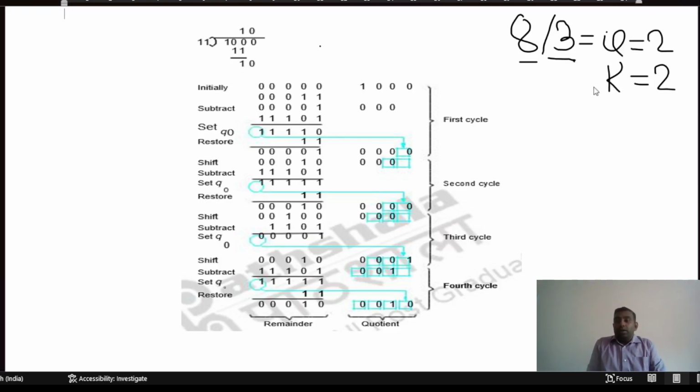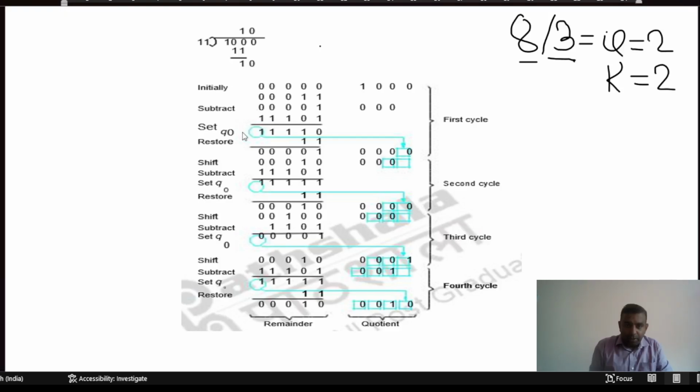So this should be the answer. By performing this operation, 8 divided by 3, using restoring division, how we can perform it, we will see on the next slide.